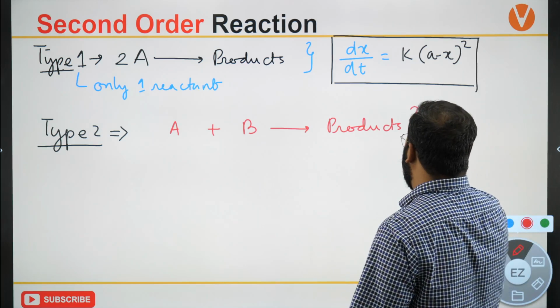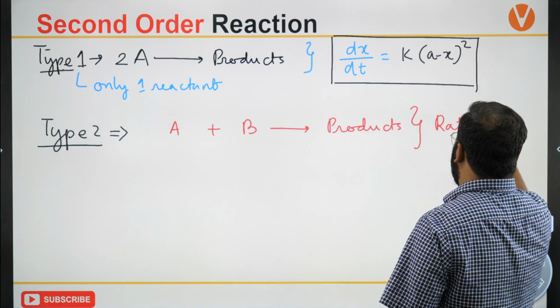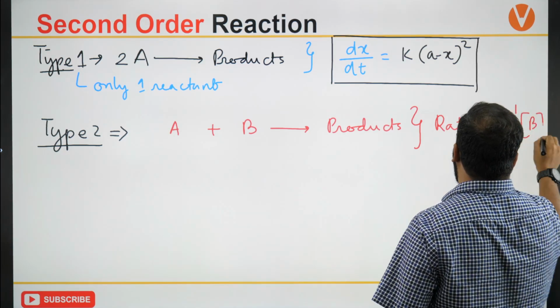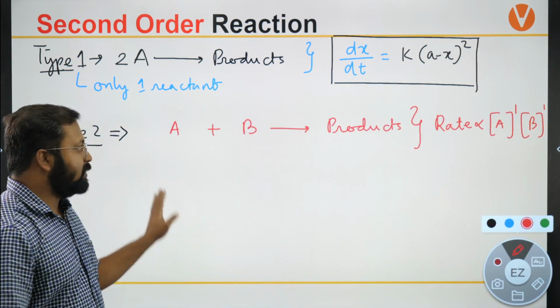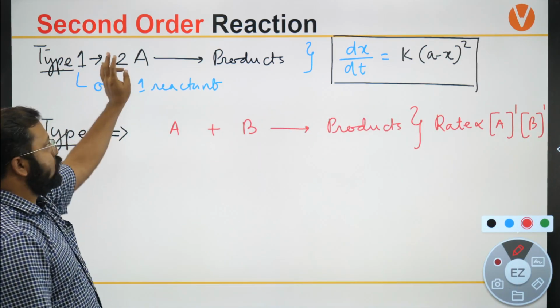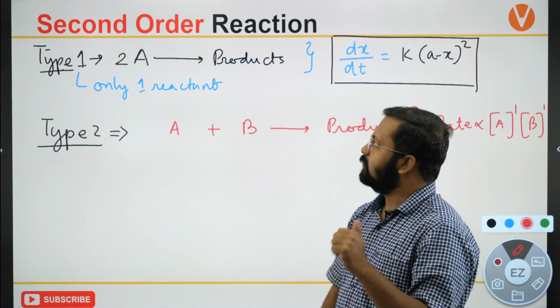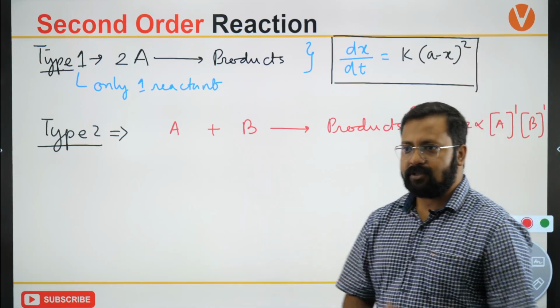And for this reaction, I will write rate as proportional to concentration of A to the power 1, B to the power 1. So two very simple expressions. I will get A plus B give rise to products and 2A gives rise to products. So type 1 is one that you have already seen and usually use. Type 2 is something which is new.